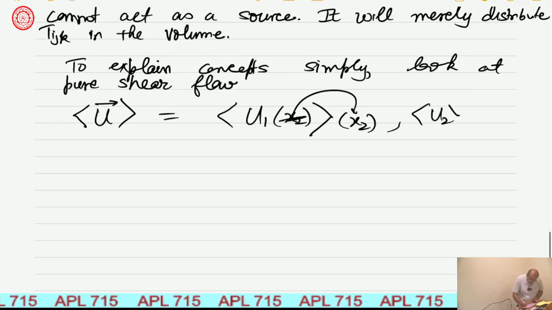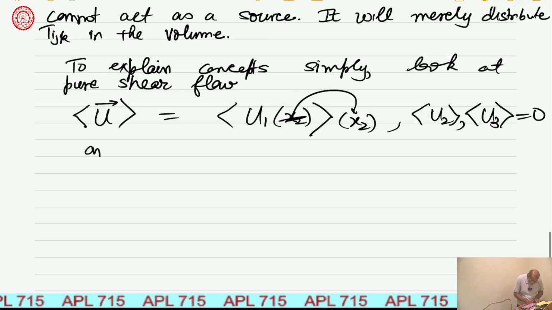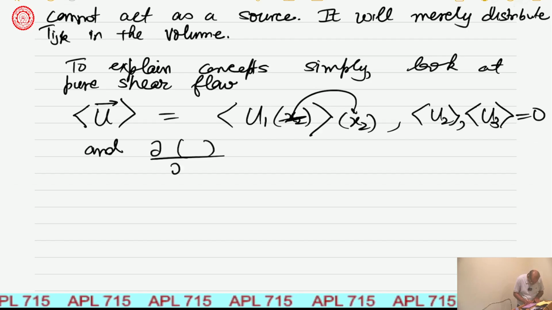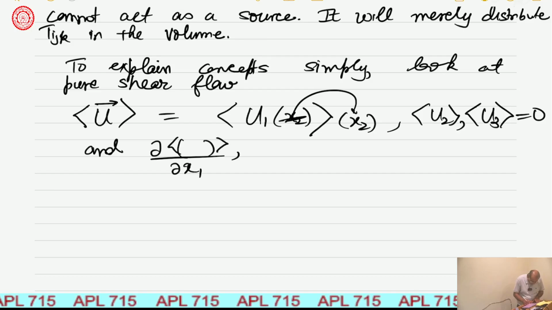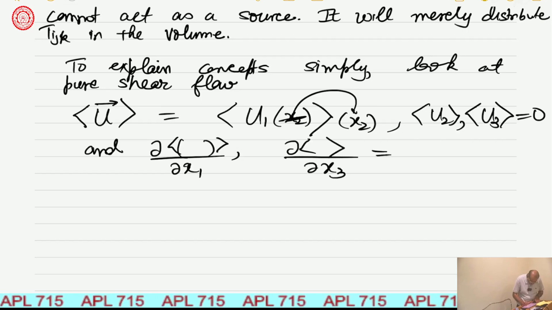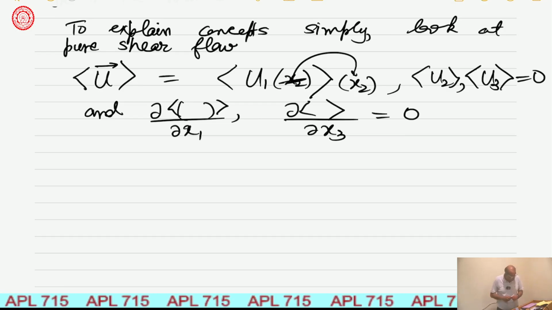Mean u2 and mean u3 are 0, and averages of any other quantity with x1 and x3 are 0.